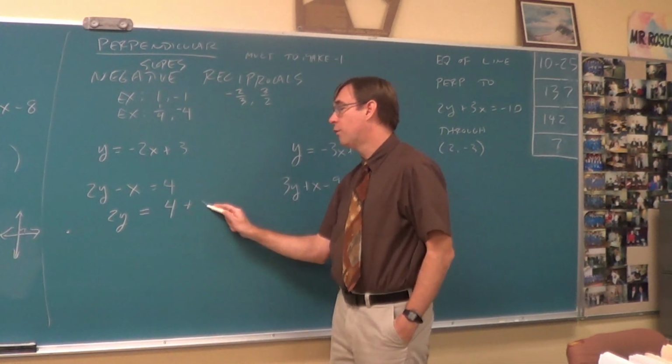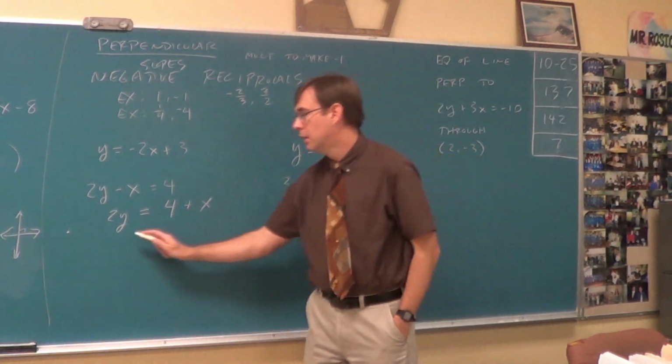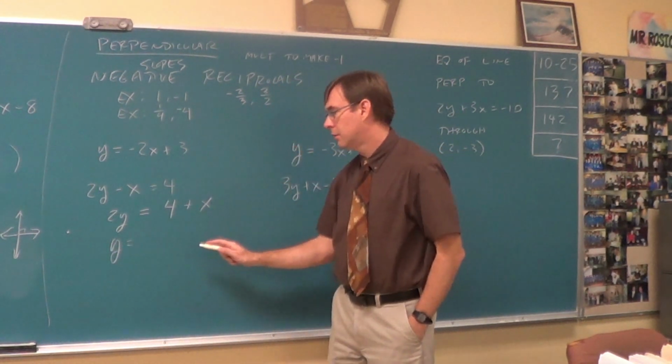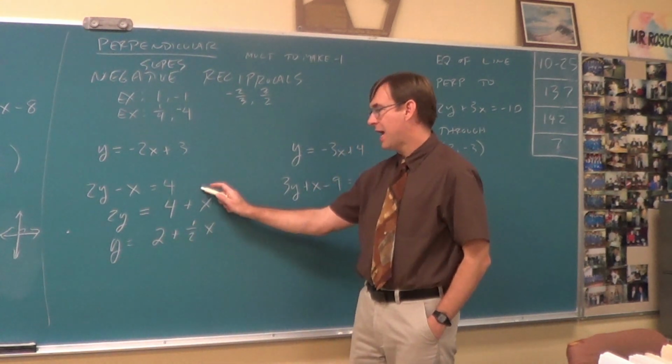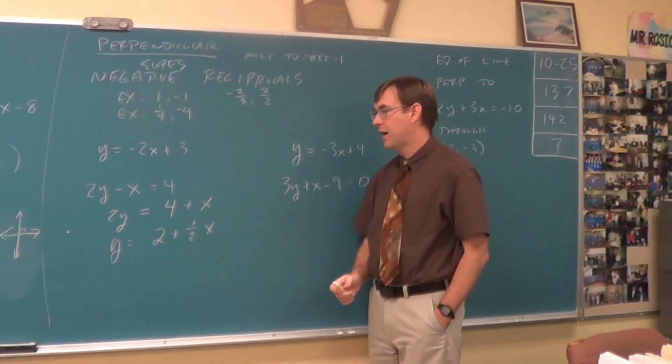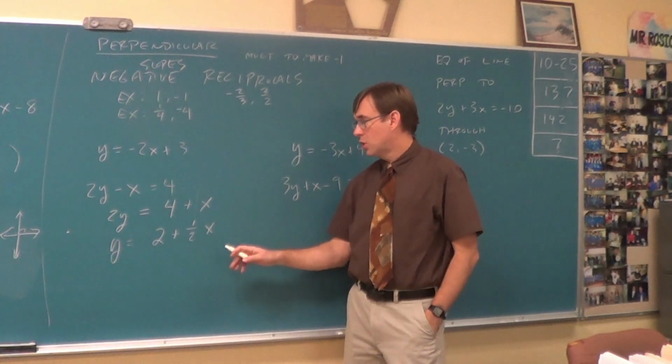It'd still be a positive 4 and a positive x, in whatever order you put them. To get y completely alone, 2 plus half x, because this has an invisible 1 and we have to divide by 2. The intercepts don't matter, just look at the slopes.